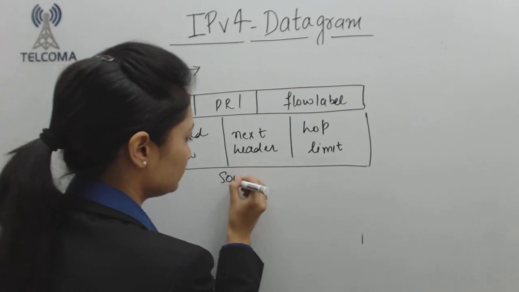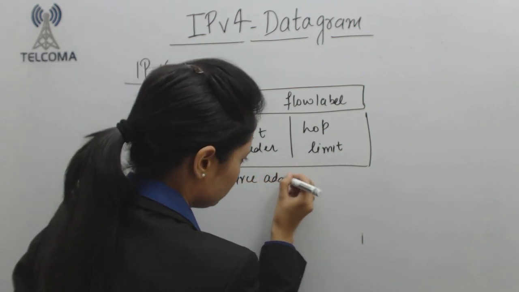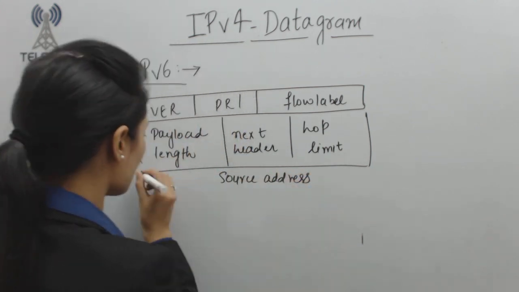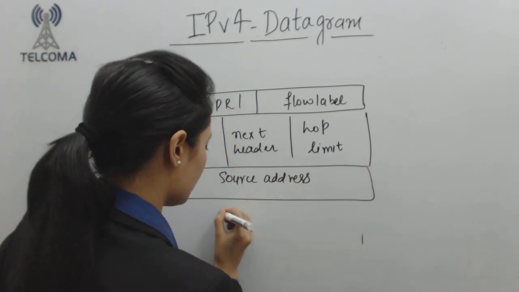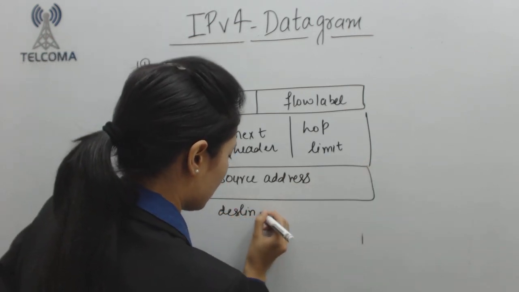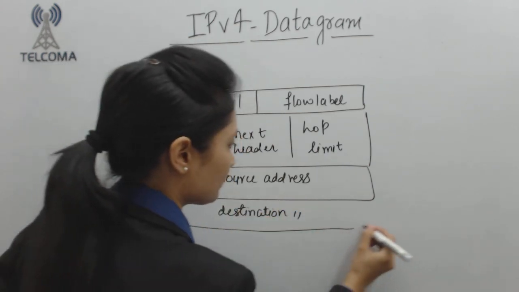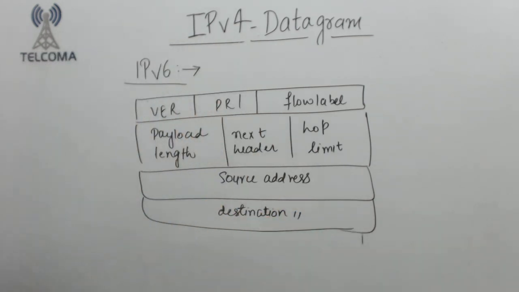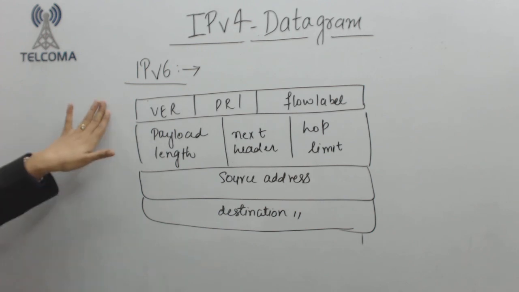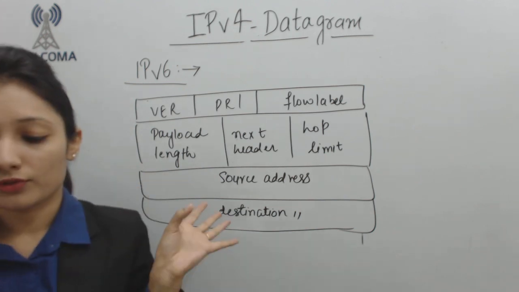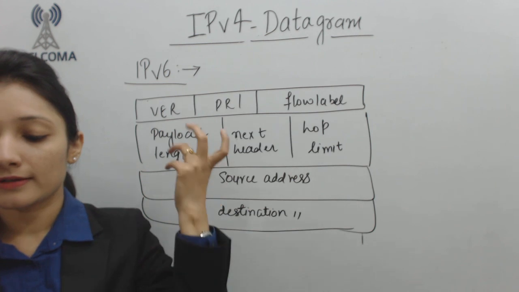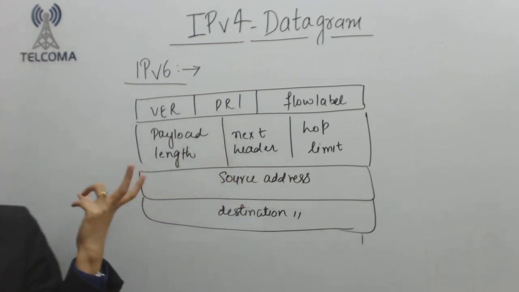Then source address and the destination address here. Now this is the same field like we had in IPv4, the version field which defines the version of IP. Now here it is the IPv6 field with a value of 6.